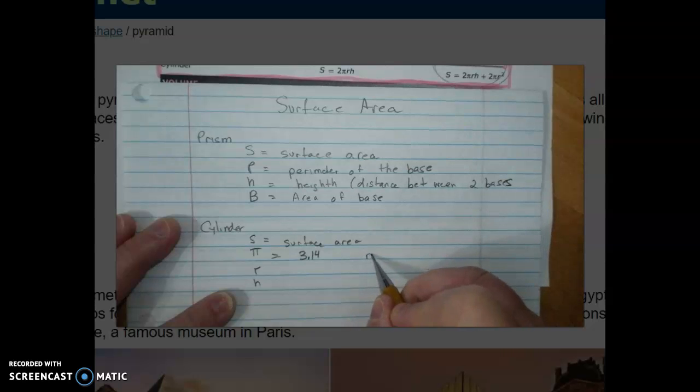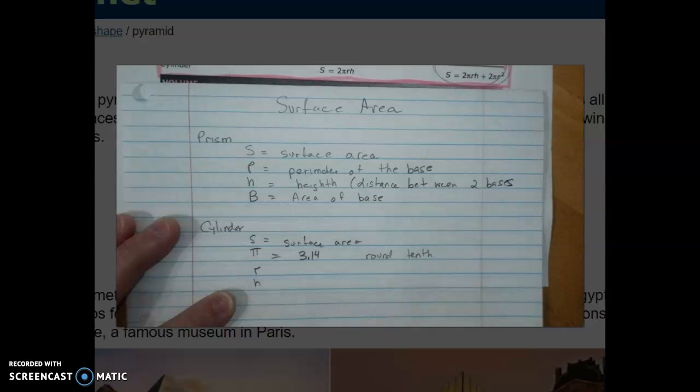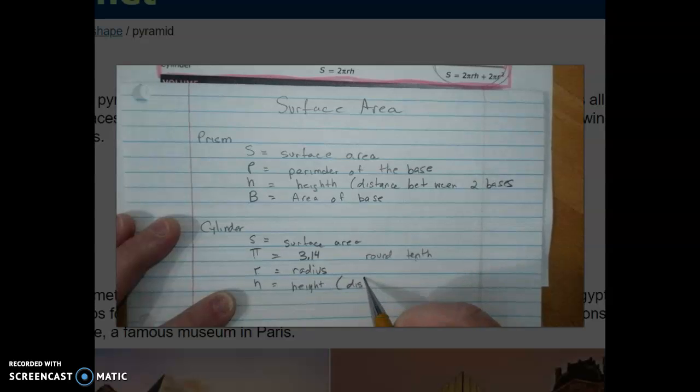You're always going to round, and we're going to round to the 10th for right now. So if you use pi, your final answer is round to the 10th. I'm not going to tell you that every single time. That's what I'm going to tell you right now. R is for the radius. Sometimes you will have a diameter. You'll have to do the radius. And H is, again, height. But again, it's the distance between the two bases.